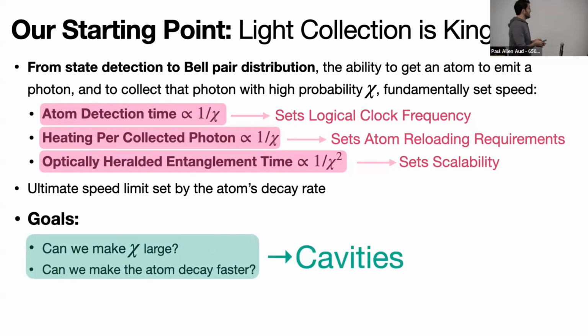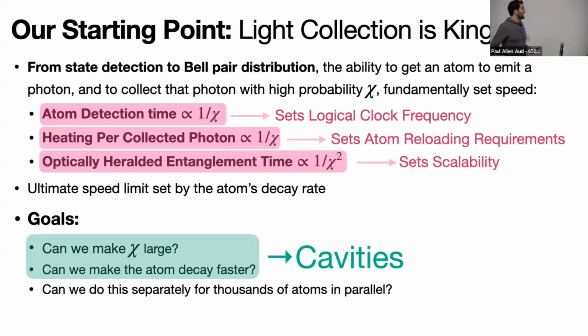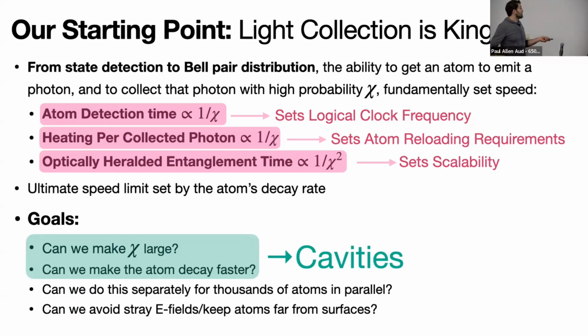So what are our targets going to be? We want to make the collection efficiency fast. We want to make the atoms decay fast. So we want to have cavities. We'd like to do this for thousands of atoms in parallel. And we'd like to avoid stray electric fields. So that means we need some kind of a crazy cavity array geometry, which enables us to keep our atoms centimeters almost from any surface, but also in cavities with micron-scale mode waists.